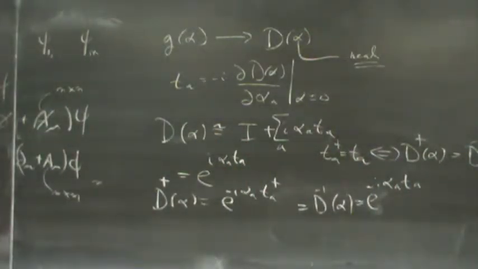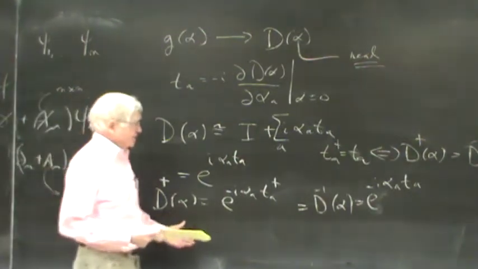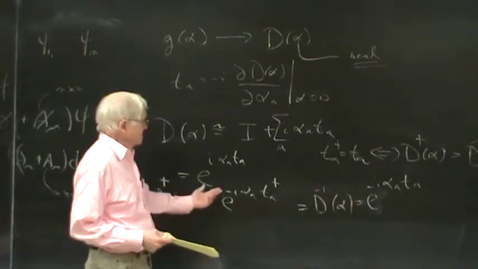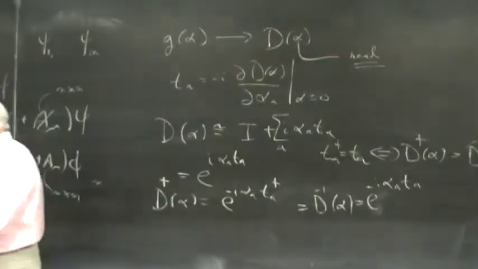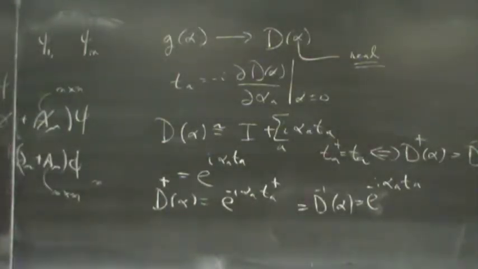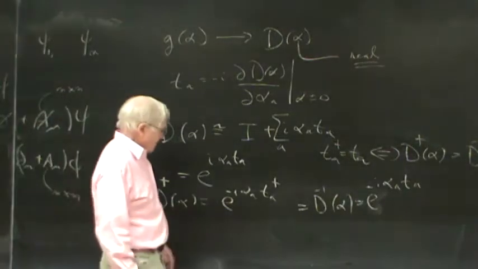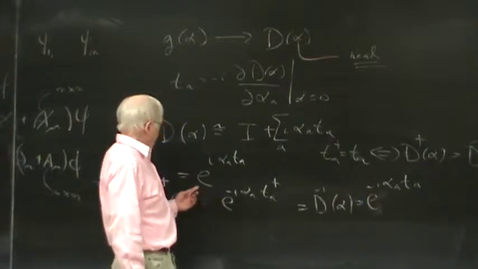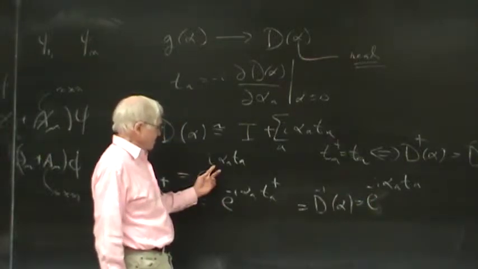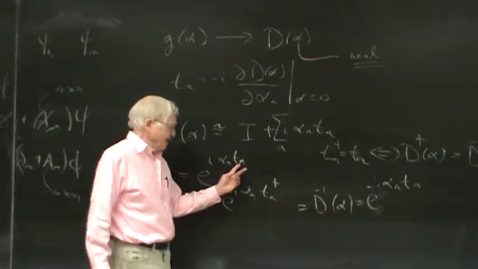Okay. And so we have lots of Lie groups. Some of them have unitary representations. If the representation is unitary, then these generators are Hermitian. If the generators aren't Hermitian, then the representation isn't unitary. And you can see what happens if you have D of alpha equal to an exponential like this.